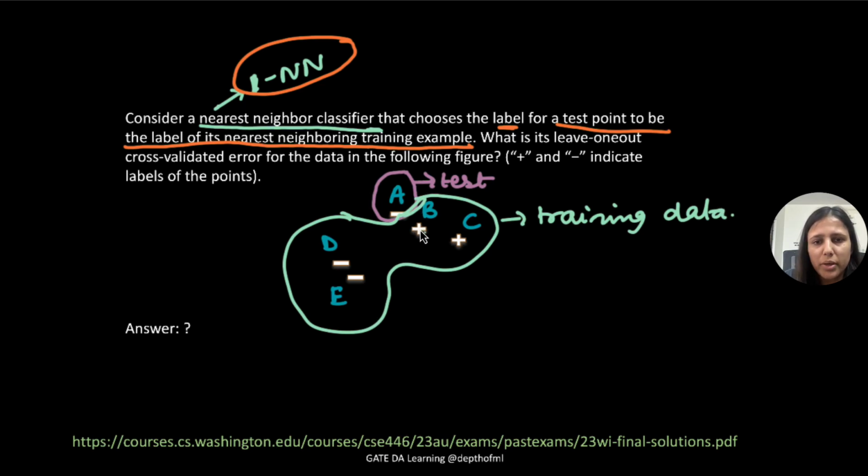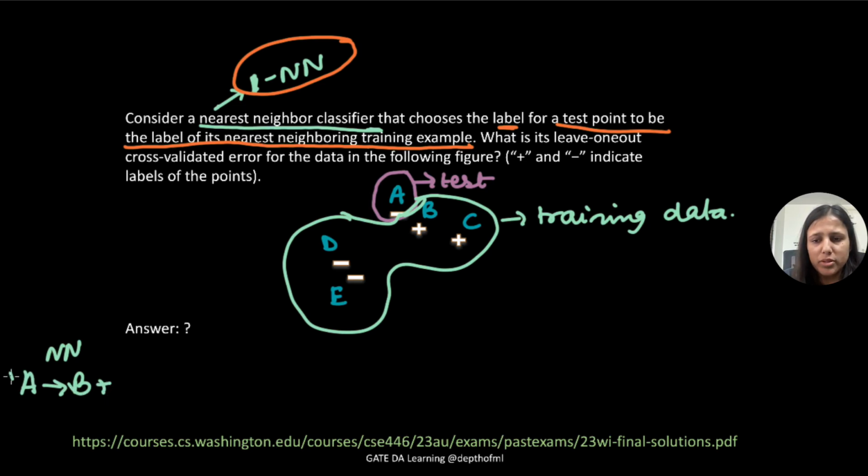If you look at the data, you will find that B is the nearest neighbor. So A's nearest neighbor is B, and B is positive in the training data. So how will we label A?